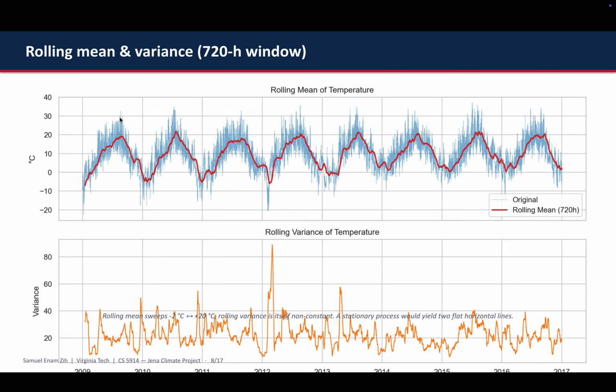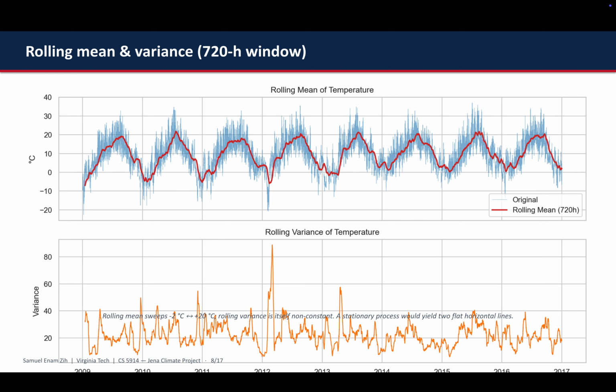The rolling variance on the bottom is also clearly non-constant. It spikes during seasonal transitions. A genuinely stationary process would yield flat horizontal lines for both. The fact that neither is flat tells us the series violates the stationarity definition.